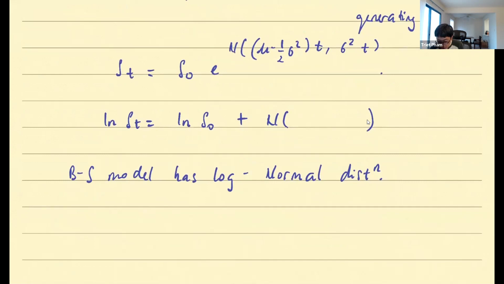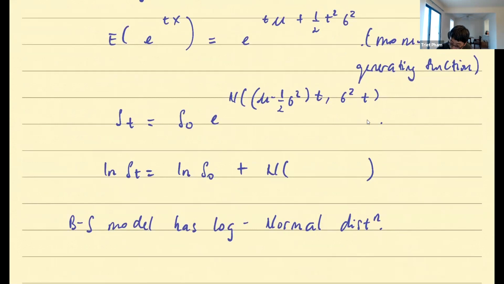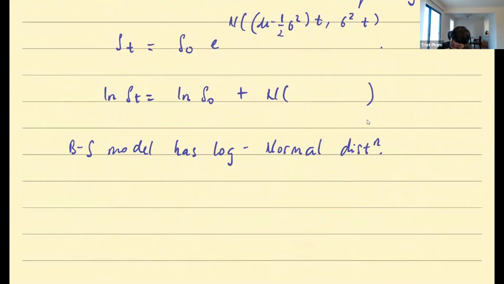Anyway, from this formula, from this expectation, we can derive everything. For example, the expectation of e to the sigma W_t will be e to the 1/2 sigma squared t. Is this clear from this formula?